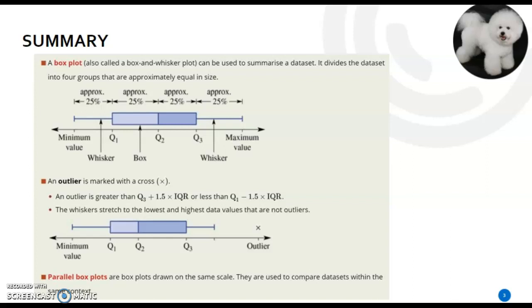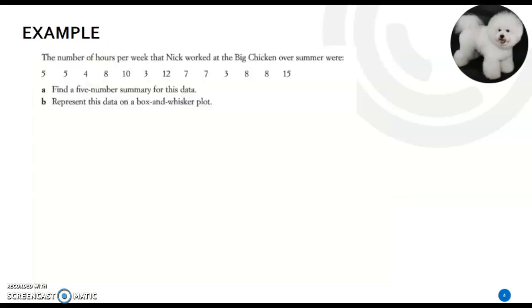Our 5-number summary is our minimum value, quartile 1, quartile 2, quartile 3, and our maximum. Each of those sections represents a quarter of all of the scores. I'll show you what I mean in the next one.